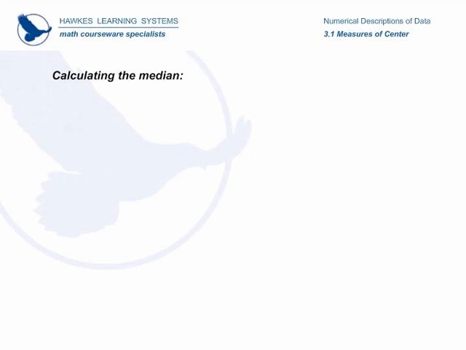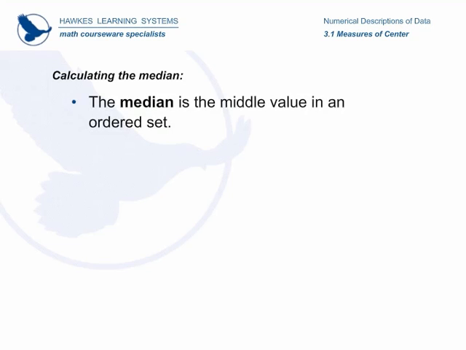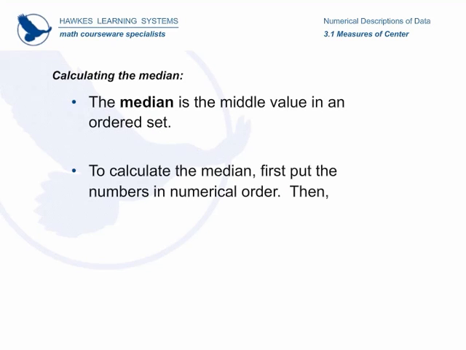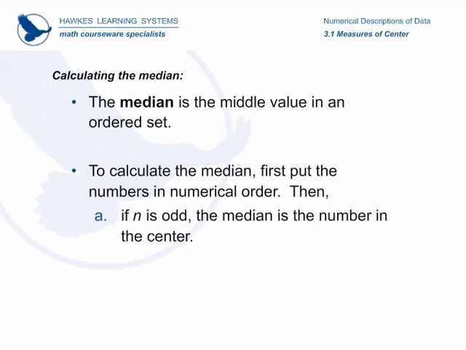Now let's take a look at another example of measures of center. We just looked at the mean, so now let's take a look at the median. The median is the middle value in an ordered set. To calculate the median, first put the numbers in numerical order.